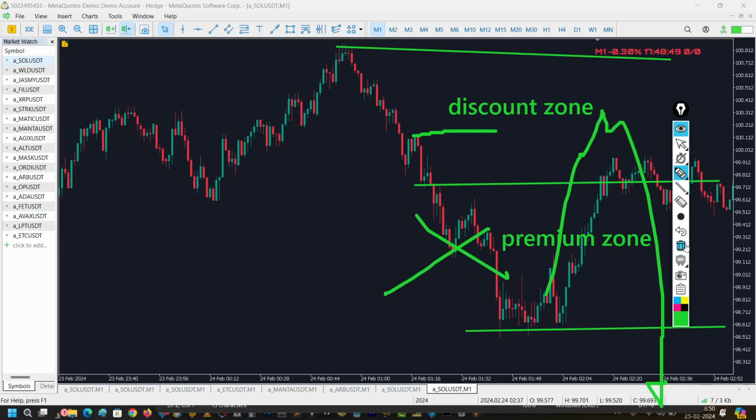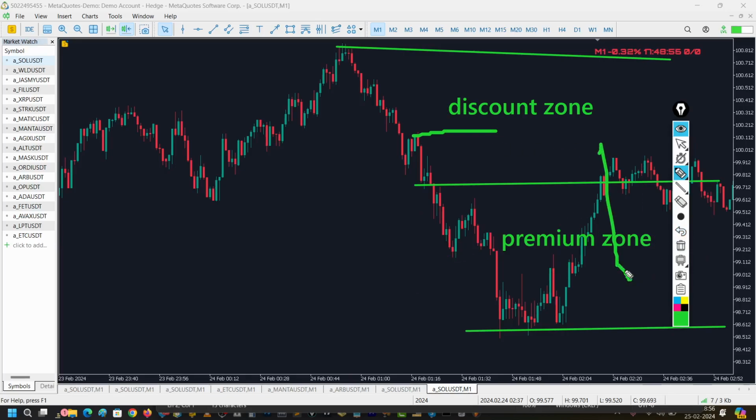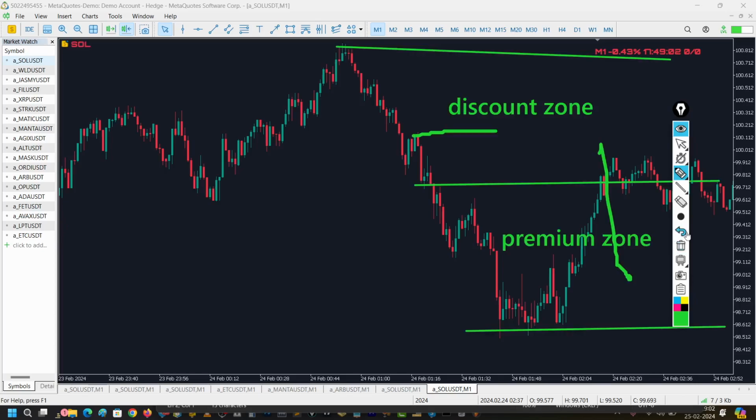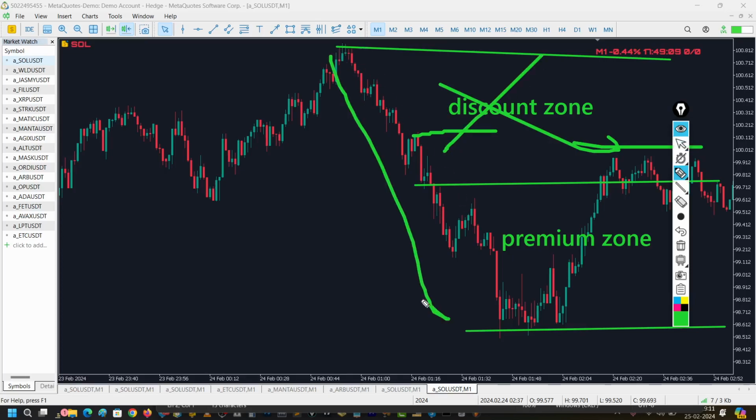If there is a liquidity, then there is a probability that price is going to reverse. But if there is no liquidity, you never sell here. This discount zone is invalid, because in this move there is no liquidity. Simple.